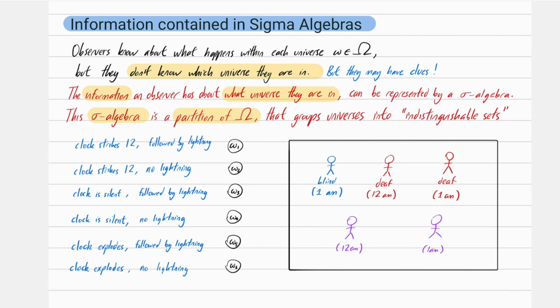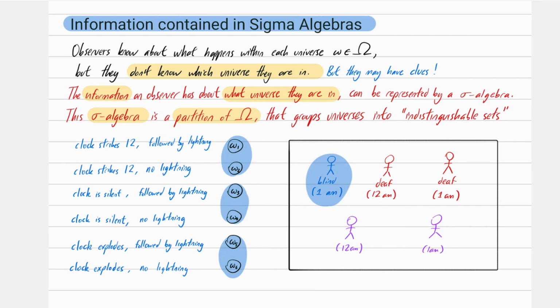For example, let's draw the sigma algebra that represents the information that this blind man has. So a blind man can only use sound, and so after all these events have occurred, he's only able to distinguish between whether the clock struck 12, whether the clock was silent, or whether the clock explodes.